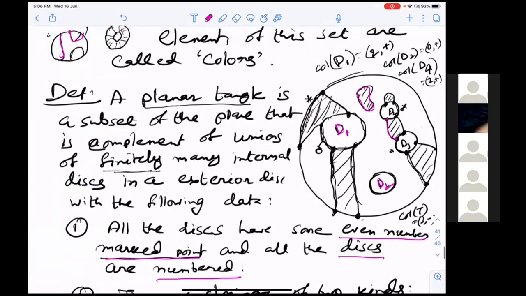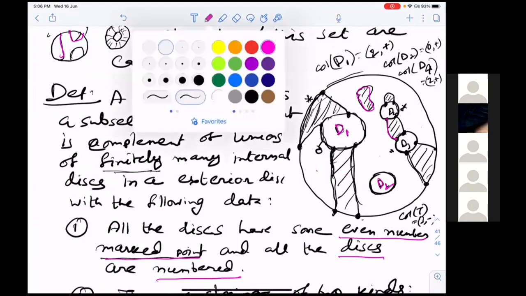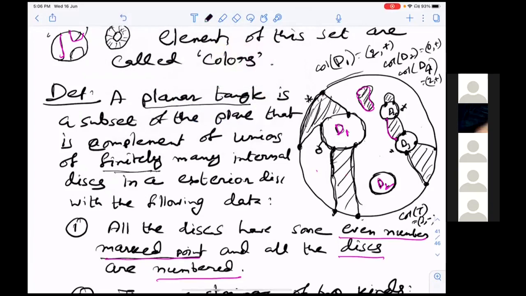And there will be a checkerboard shading, so this region is black and this is white. The strings are also shaded, and along a string the shading changes, so this is white, and across this string it changes, meaning this will be black.